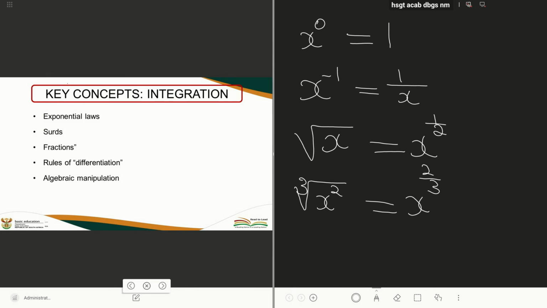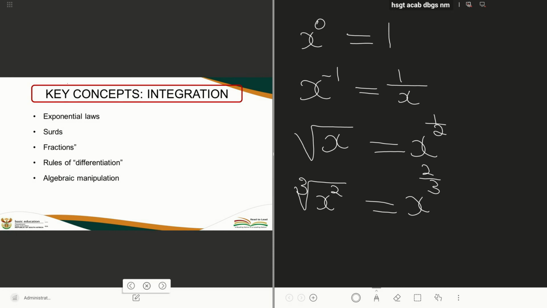You need them in order to understand the concept. Besides exponents and surds, you also need to know the basics of fractions. Reason being that whenever you are dealing with integration, you firstly need to change whatever you are given into exponential form.